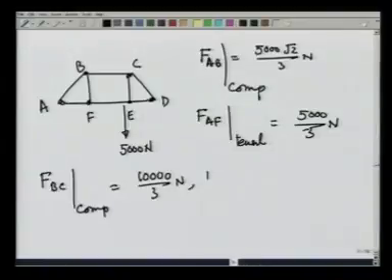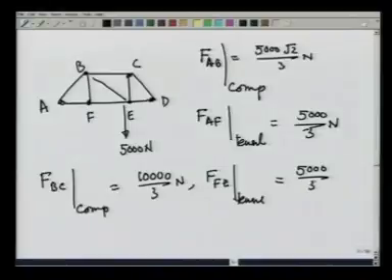Then FFE, which came out to be tensile again, and its value was 5,000 over 3 newtons. FAB, FAF, BC, FE are done, four members.